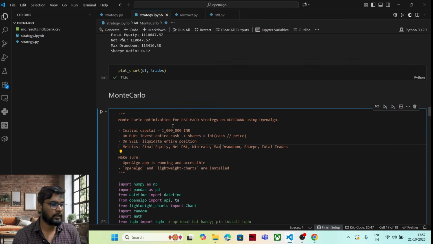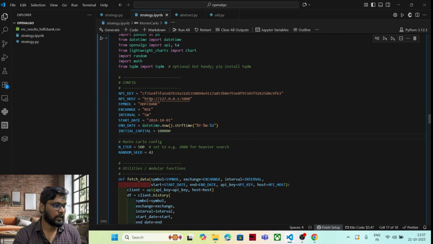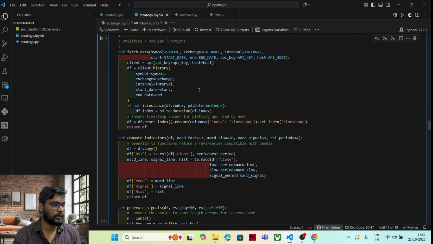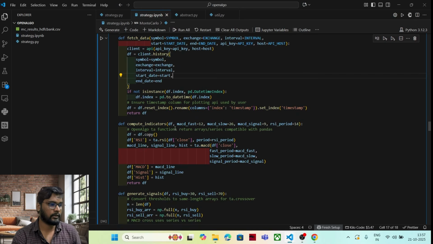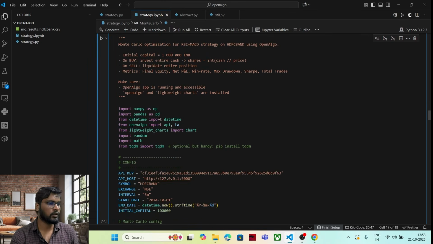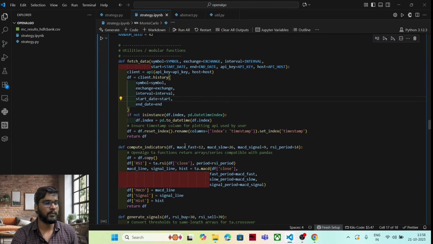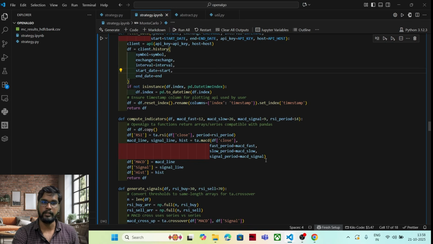Here, I have taken the entire data, and computed RSI and MACD, which generate signals. I have taken the last 1 year of data, and I have given a set of ranges: for RSI, the search area I have given is 30 to 70.